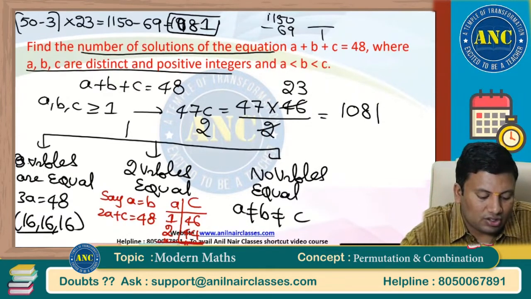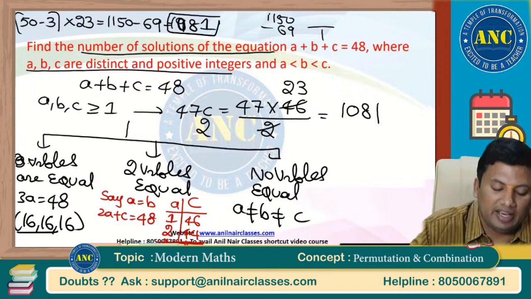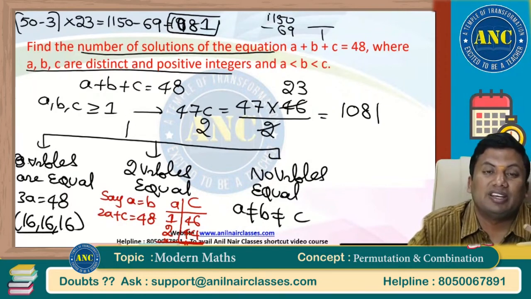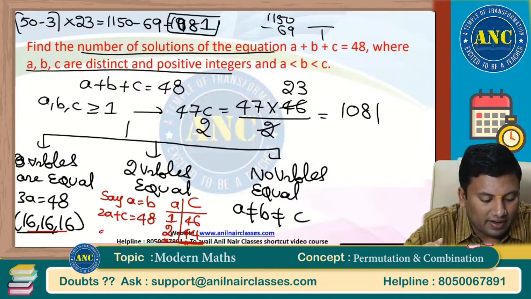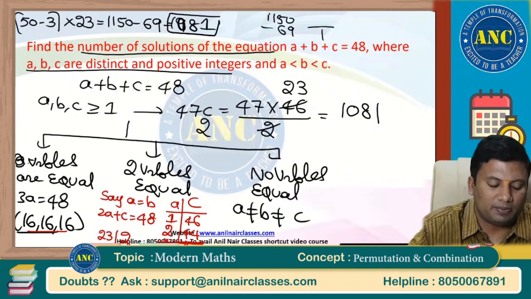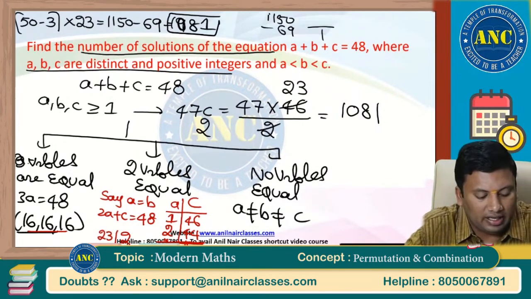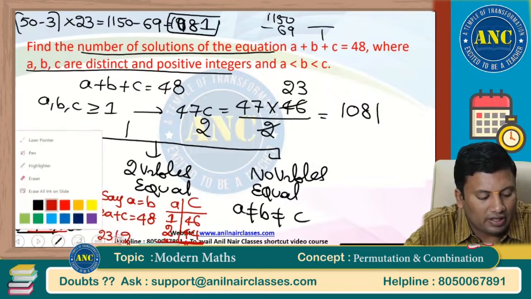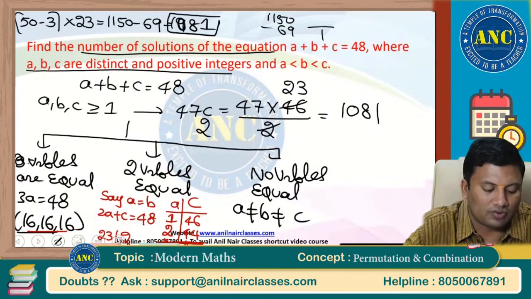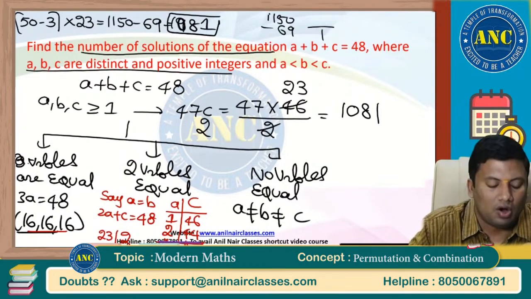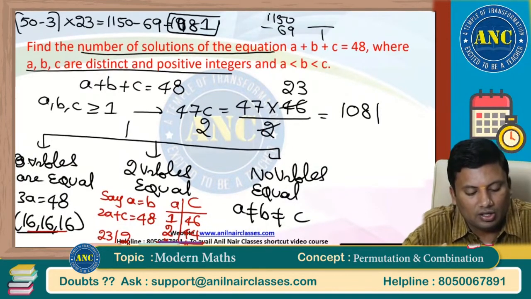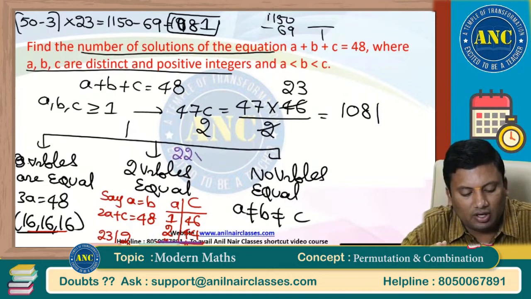This case we should not count, because a, b, c all 16 is already counted. If a value is 23, c value will be 2, since 46 plus 2 is 48. So from 1 to 23 we got 23 values. This case we should not take, because it is the case where all 3 variables are equal. So 22 cases we got.